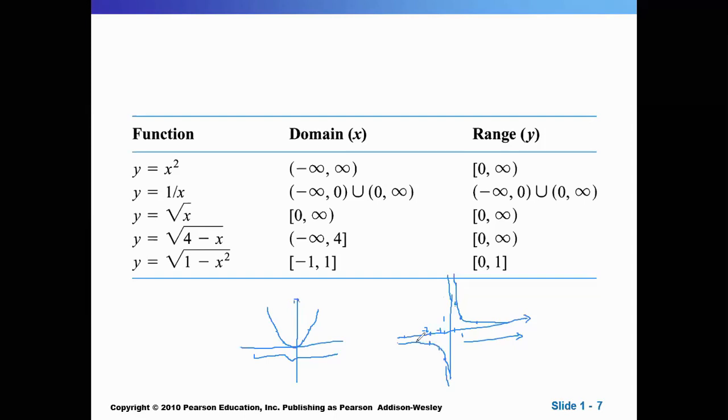If we're going that way, x will be decreasing. Right? If we're going that way, x will be decreasing. But while x is decreasing, y is increasing. Here, while x is decreasing, y is increasing.